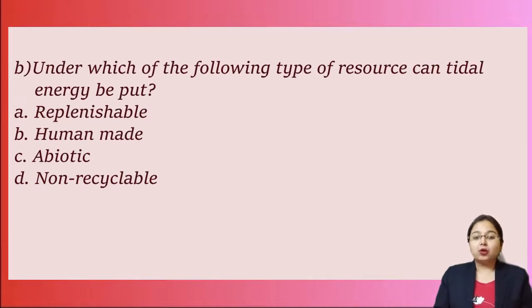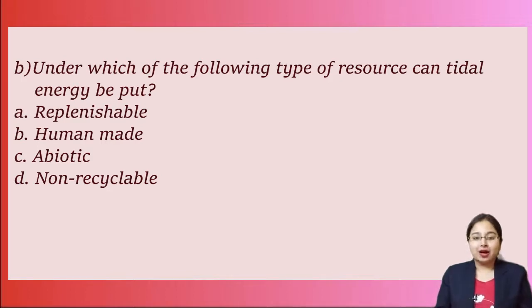Next, question number 2. Under which of the following types of resource can tidal energy not be put? Now what do you understand by tidal energy? Children, tidal energy is the energy that is related to ocean currents or tides. So whatever energy is generated from ocean currents and tides, that refers to tidal energy.